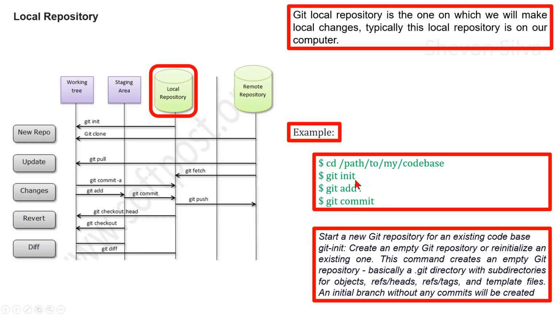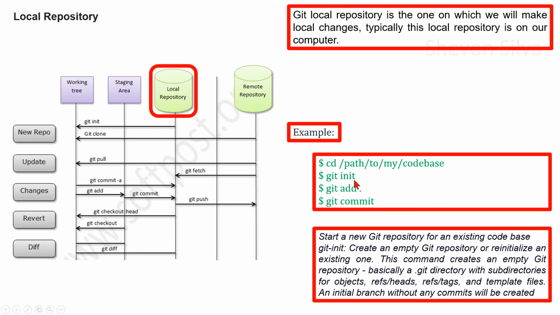Here in Git init, create a path /path/to/my/codebase/.git directory. In Git add, add all existing files to the index, and here Git commit, record the pristine state as the first commit in the history.